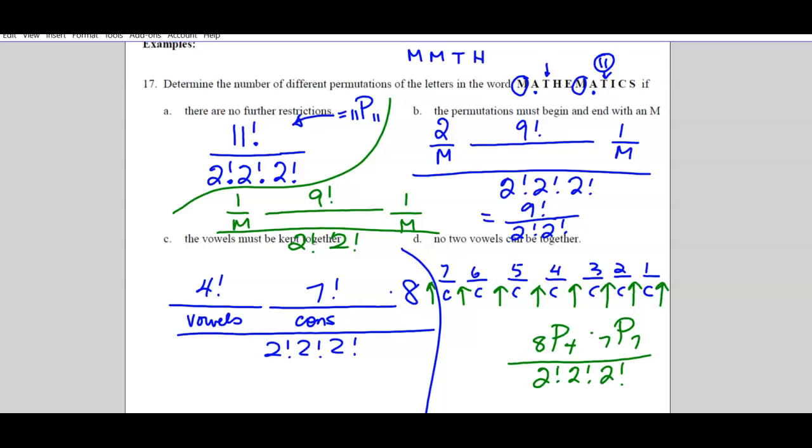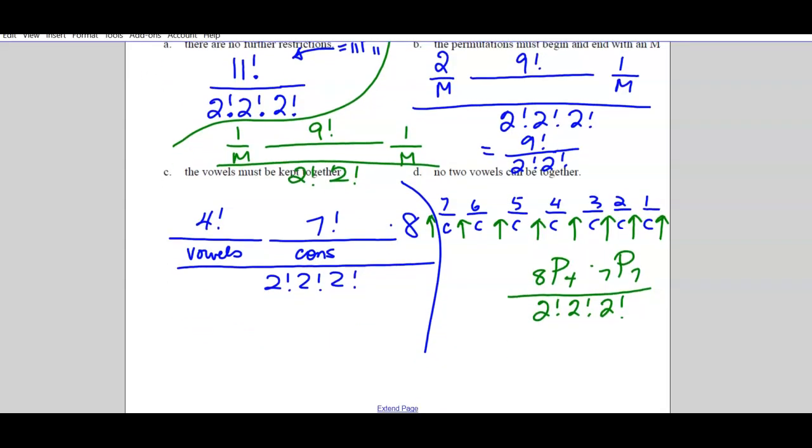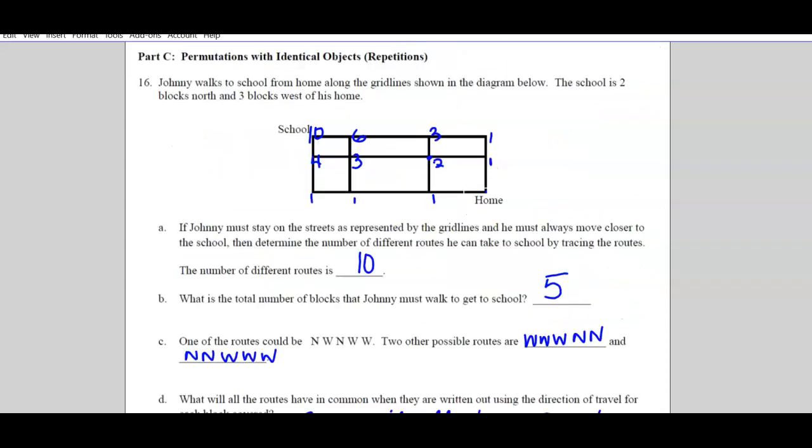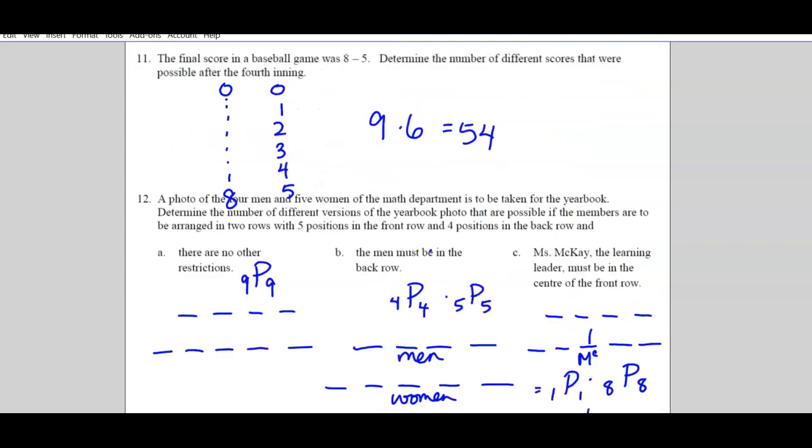So you have 8 places to put 4 vowels in. So you're just arranging those places. If you choose any of those places, you're good. You're not going to be repeating. You're not going to be having vowels together. Okay. So saying that, let's go back and see if that helps with the one that we left.